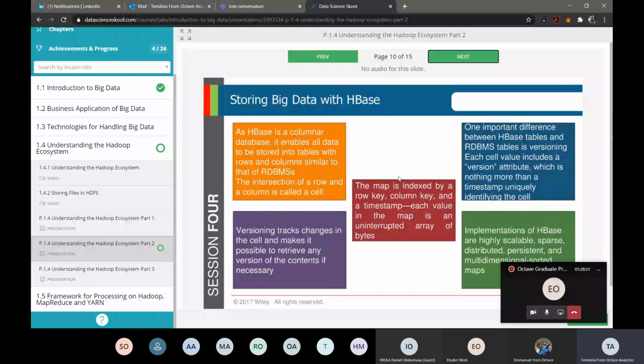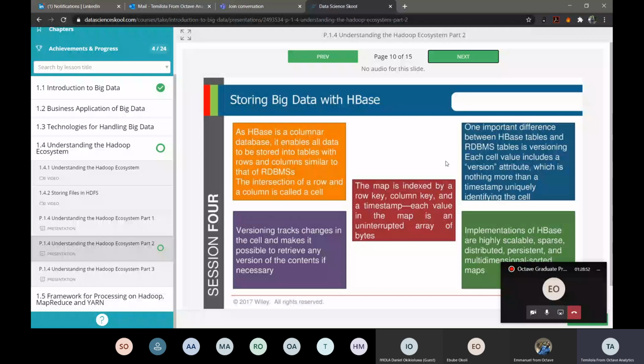So that's where versioning comes in, being able to get data at a particular timestamp in HBase. So for HBase, the map is indexed by a row key, column key, and a timestamp, just like I explained. Each value in the map is an uninterpreted array of bytes, okay?